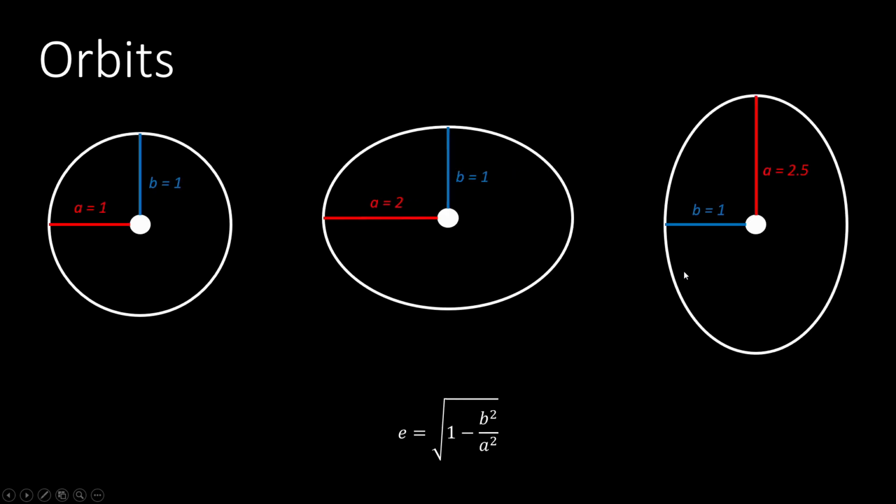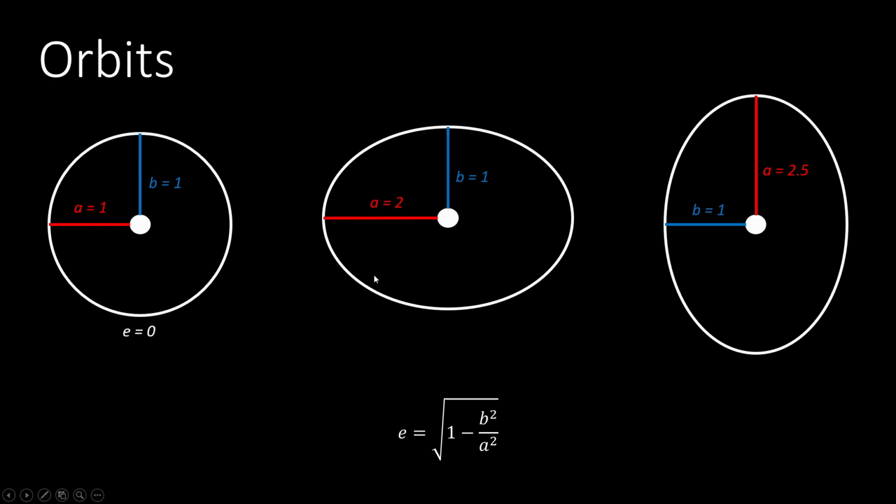From this, we get a pretty nifty formula which allows us to calculate the eccentricity, or how much the ellipse deviates from being a circle, given that we know a, the semi-major axis, and b, the semi-minor axis. Using this formula, we know that the eccentricity of this right here is 0, since it is a perfect circle.